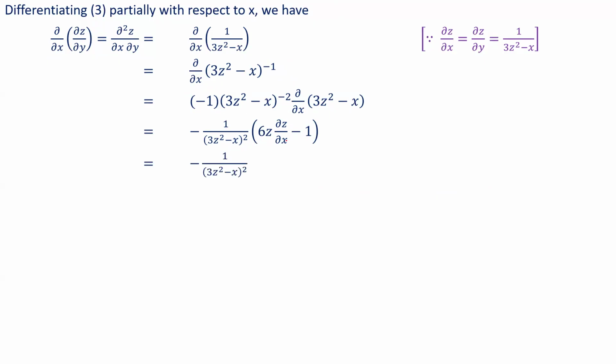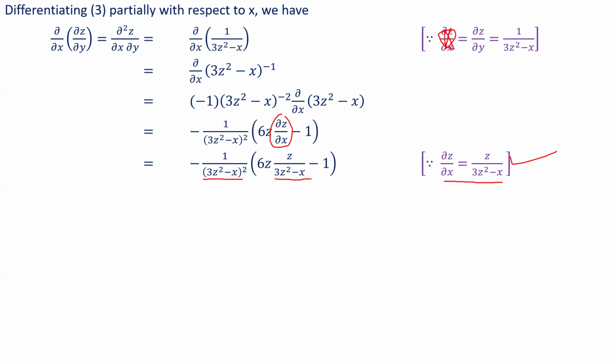Minus 1 upon 3z square minus x whole square. What is the value of del z del x? Del z del x is nothing but z upon 3z square minus x. So let us put the value of del z del x as z upon 3z square minus x, minus 1 upon 3z square minus x whole square.